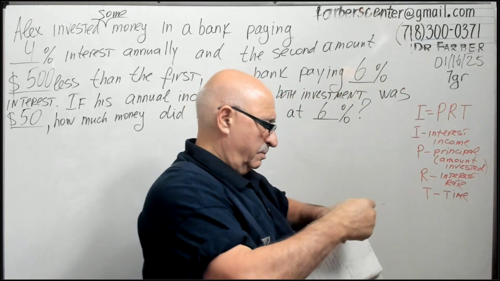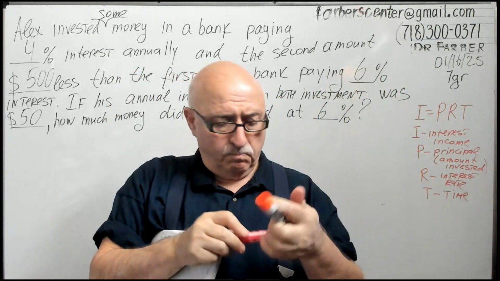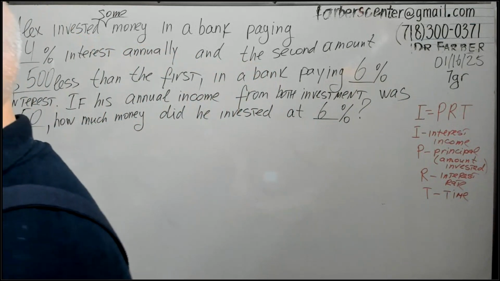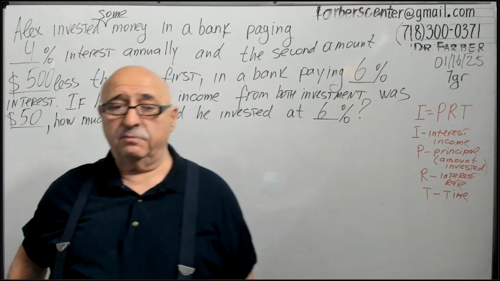So how does it work? In a real bank, you will not have this formula. In a real bank, we have compound interest, but for simplicity, in your test, we have simple interest.